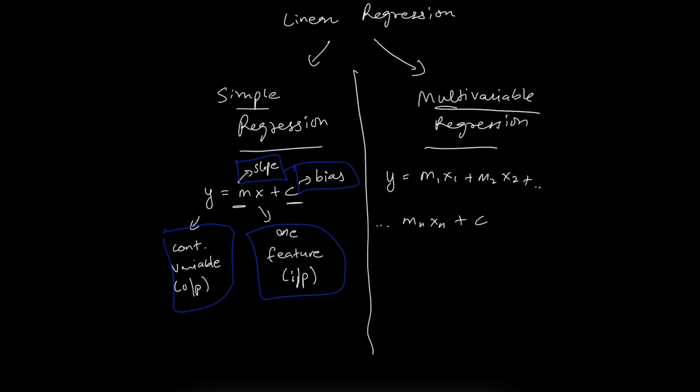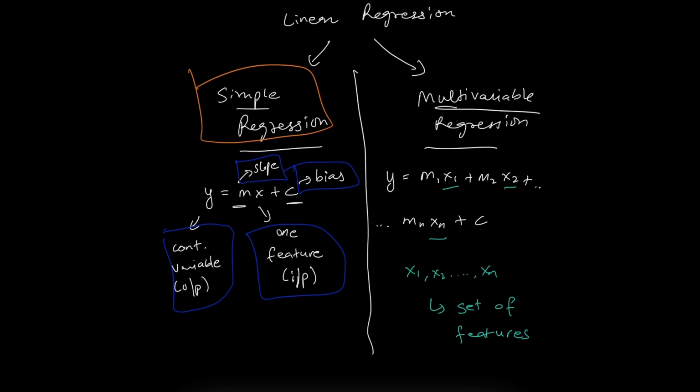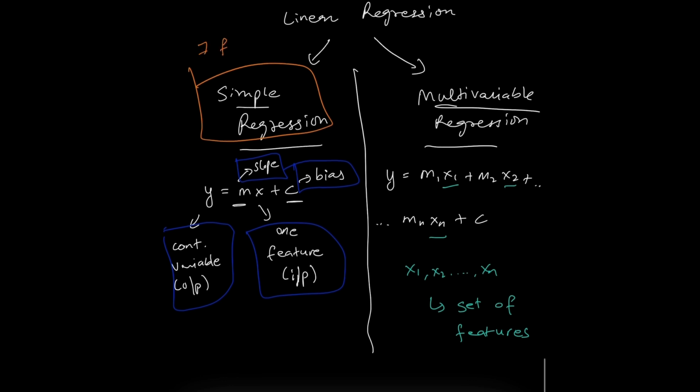Here it's the same concept basically, but x1, x2, going all the way to xn, these are basically a set of features. So you see how in simple regression we have one feature, whereas in multivariable regression we have multiple features or multiple variables, which is basically what the name suggests, right?